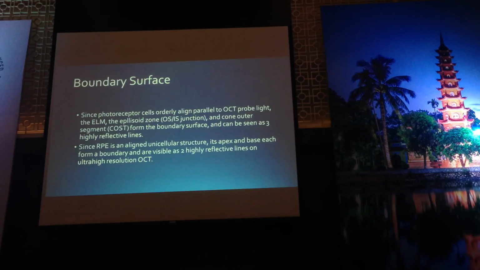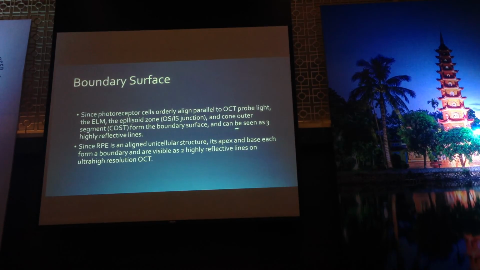Now the third layer that I'm going to tell you about is what we call the boundary surface, which is also highly reflective, for the boundary of cells on the OCT image. I think this is quite interesting because at the photoreceptor area, you can have three highly reflective lines.